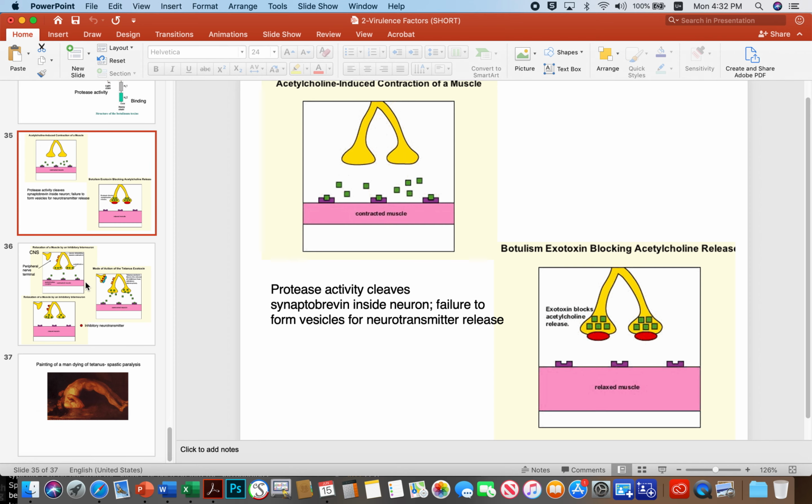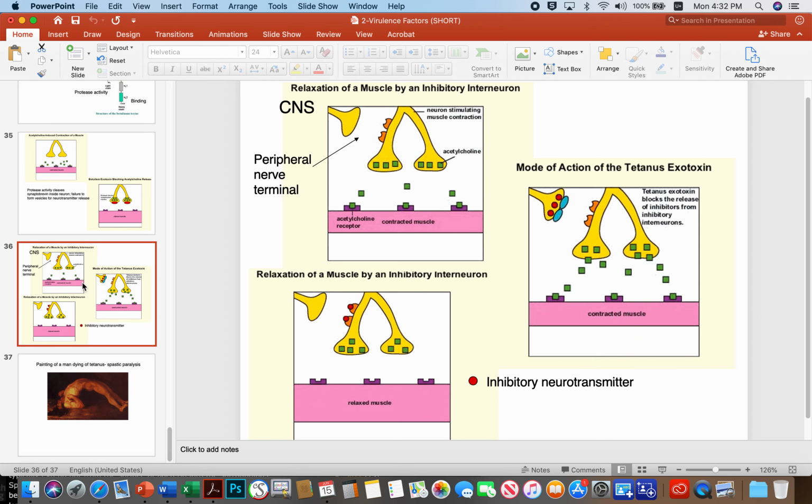Tetanus toxin is basically the same thing with a slightly different binding location. Here's the peripheral nerve terminal, here's an inhibitory motor neuron, and here's the stimulatory motor neuron. Here's our acetylcholine.